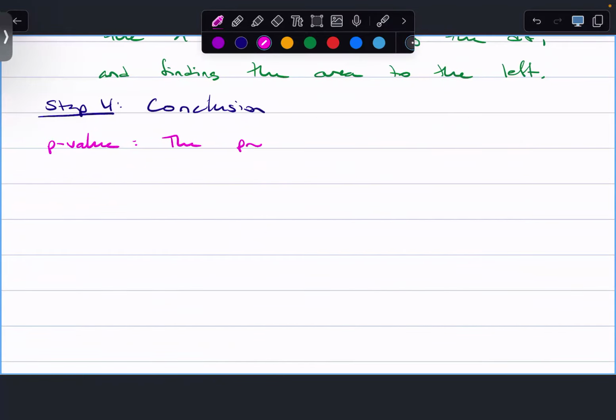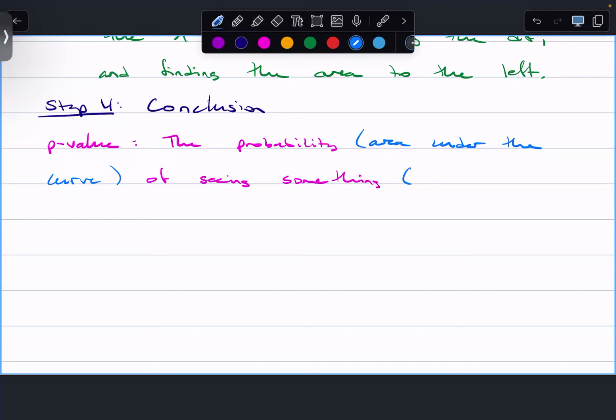is the probability, which means it's an area under the curve. What's nice is any curve. The area under the probability of seeing something, and by something I mean a test statistic, of seeing something as extreme or more extreme.